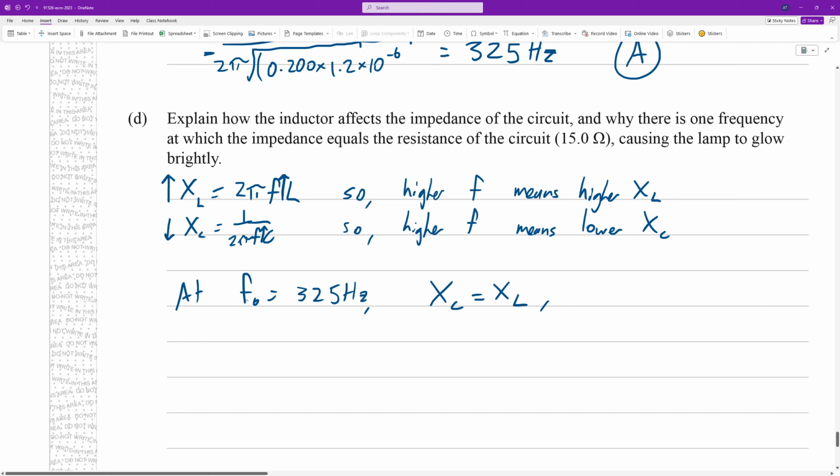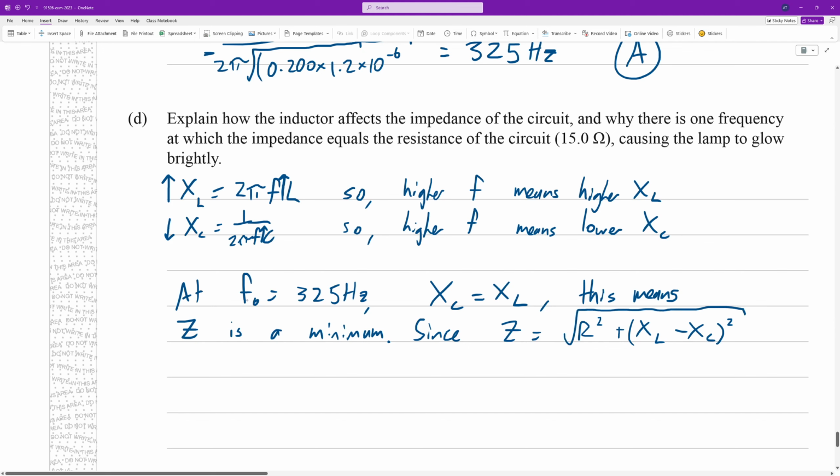What does this mean? Well, this means impedance is a minimum. And why is that? Since impedance is the resistance squared plus the difference between the reactances squared, all square rooted, right?